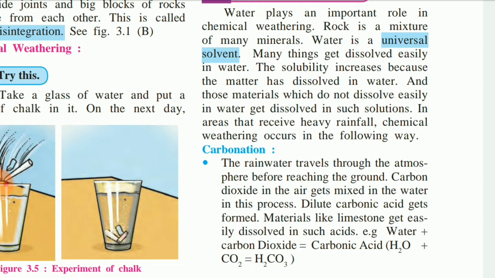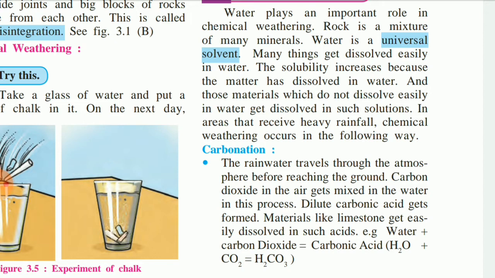For example, you put salt in water and stir it, and you cannot see the salt, but the water tastes salty. You add sugar, and you can't see the sugar grains, but we can taste the sweetness. In this way, water is a universal solvent.